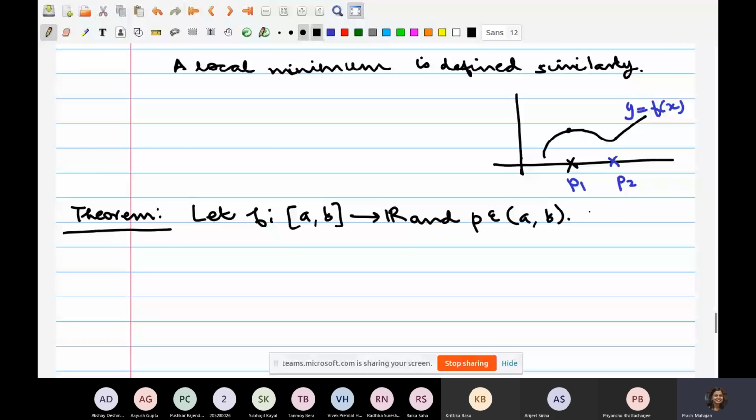So if f has either a local maxima or a local minimum at the point P in the sense defined above, then we can say something more.